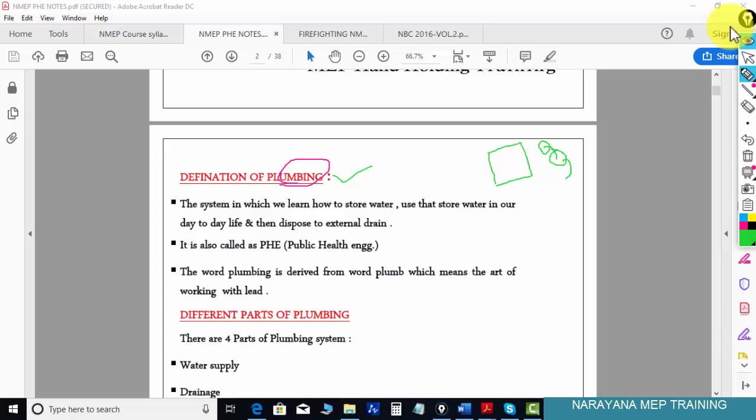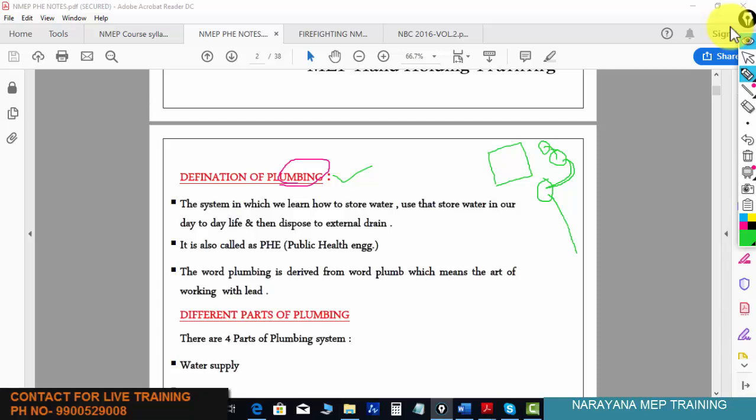After that you dispose of the used water to the existing drain in a hygienic way, and that will go to the municipal drain or whatever it is. This is the real meaning of plumbing.